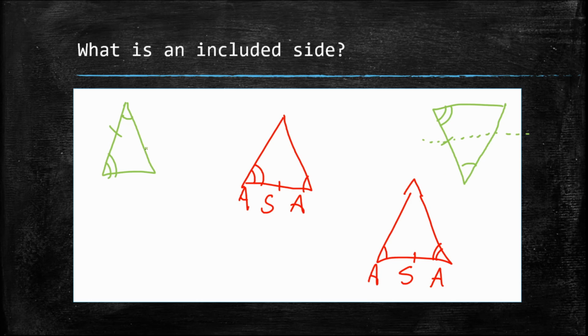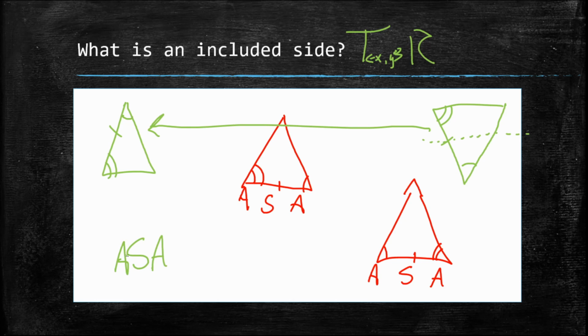And I'm going to be in that same position where it's going to be very obvious after I reflect that I'm going to translate something. And actually, it's pretty obvious that's going to be negative x something, right? We're just going to bring it straight over to the left once it's flipped, and they map onto each other. I have an included side, and that's a visual representation in our congruence criterion of what an included side means. It's stuck between 2 angles.